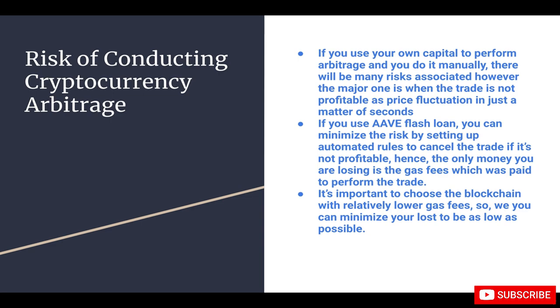I just use my money and do cryptocurrency arbitrage manually from one centralized exchange to another. For example, I checked the price first, and it seems there's a price difference between Bitcoin on Binance and Bitcoin on Coinbase.